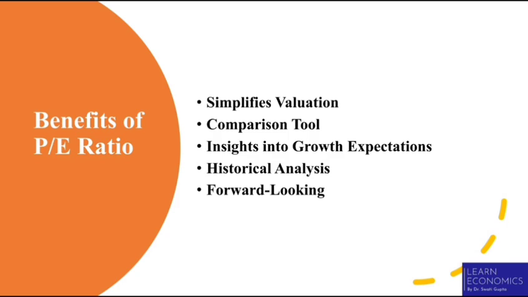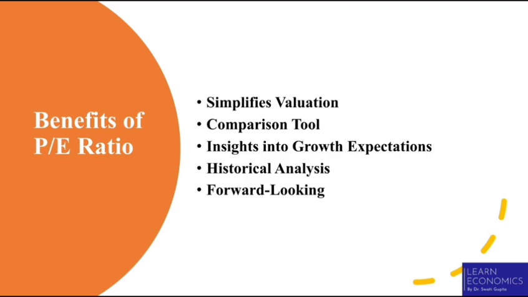Third, growth expectations. A high PE ratio reflects the market's optimistic view about a company's future earnings growth. Investors can use the PE ratio to judge the market's confidence in the company's ability to generate higher profits in the future.